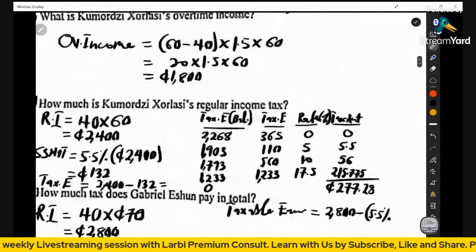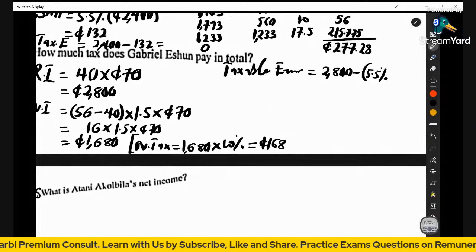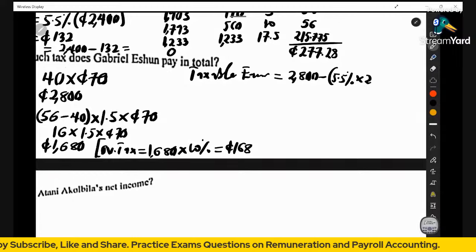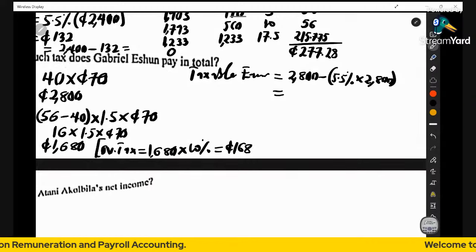So when you don't see basic earning, you see regular earning. They are the same thing. You multiply that by the regular earning, 2,800, and whatever you get, you subtract from the regular earning to get your taxable earning.